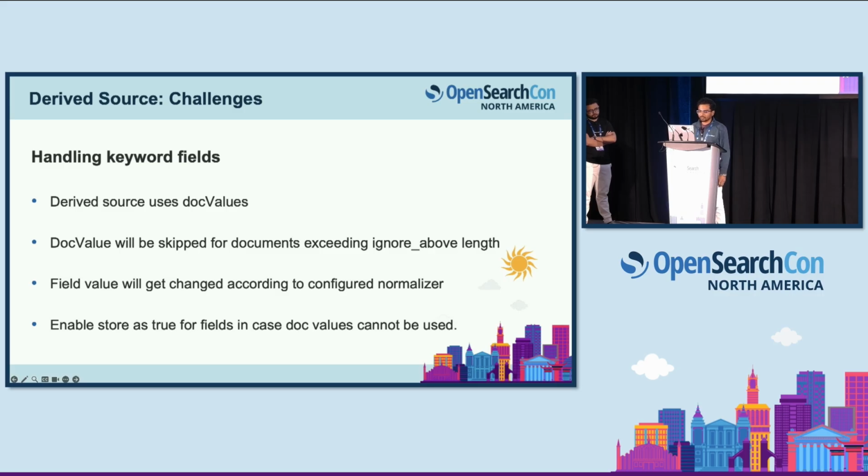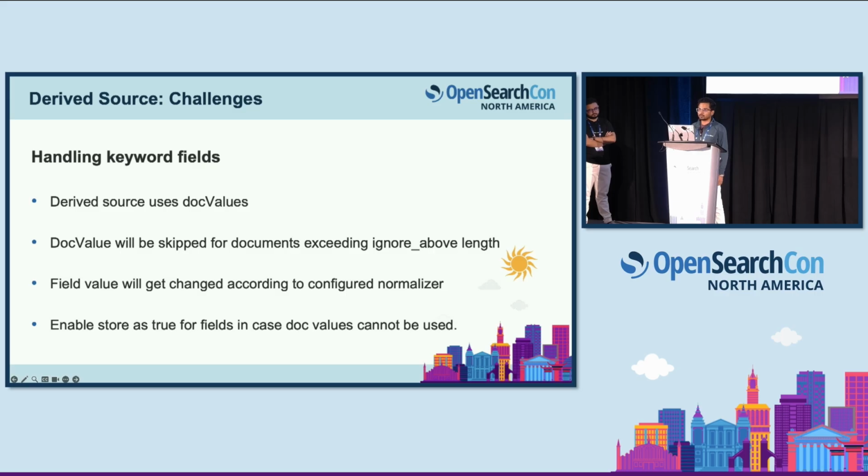For this kind of mapping parameter, currently we don't support keyword as of now. For such cases you can always enable the stored field for that particular field where you want to configure these mapping parameters. That way we'll be able to support derived source for those fields.